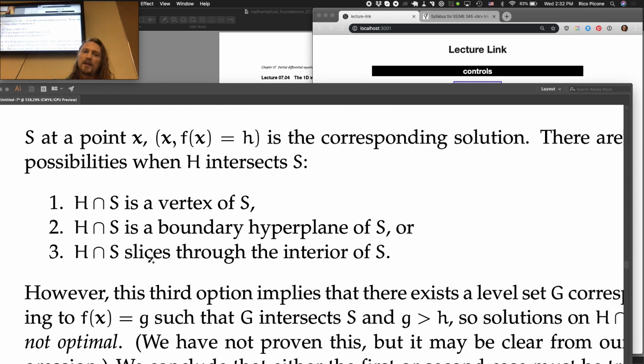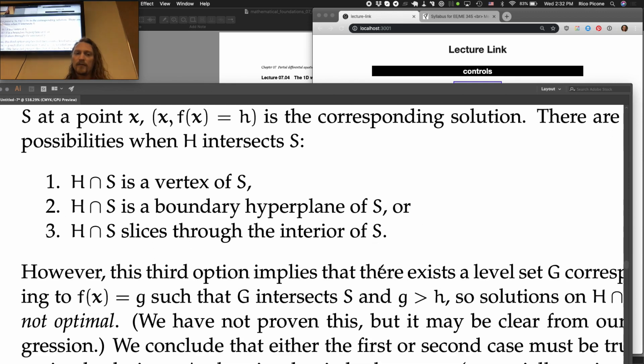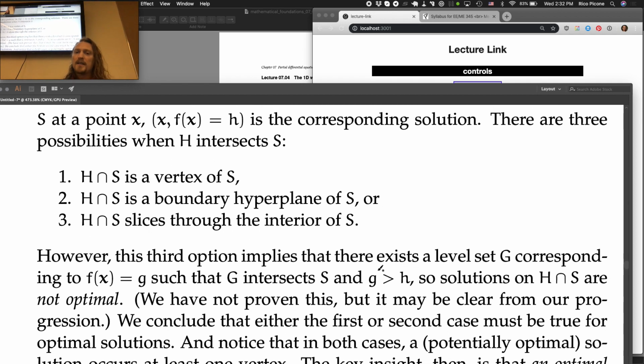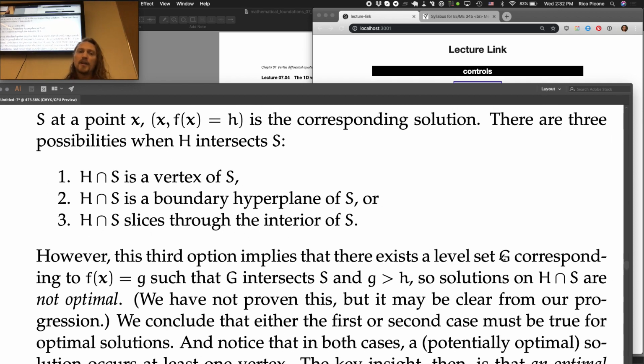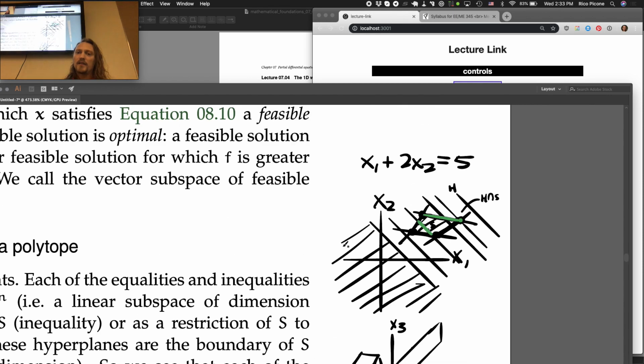The third possibility is that it slices through the interior of S. This third option implies that there exists a level set G corresponding to f of x equals g, such that big G intersects S and little g is greater than h. So solutions on H intersect S are not optimal in this case.